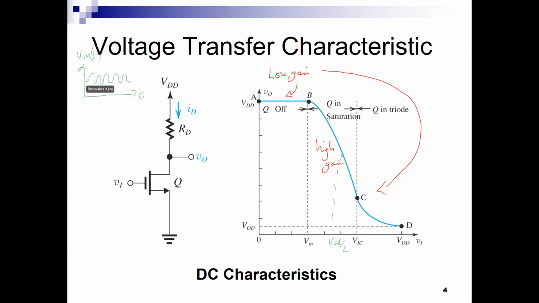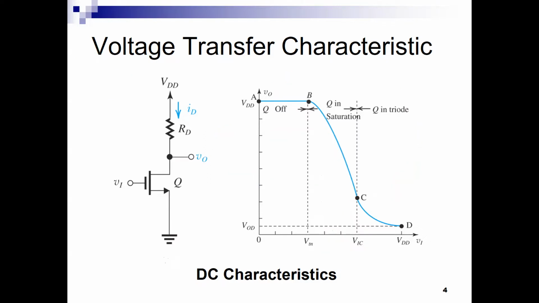This little sinusoid would fluctuate here and hit the high gain region, and the corresponding output would fluctuate like this as a function of time. The same circuit, the same resistor and the transistor.